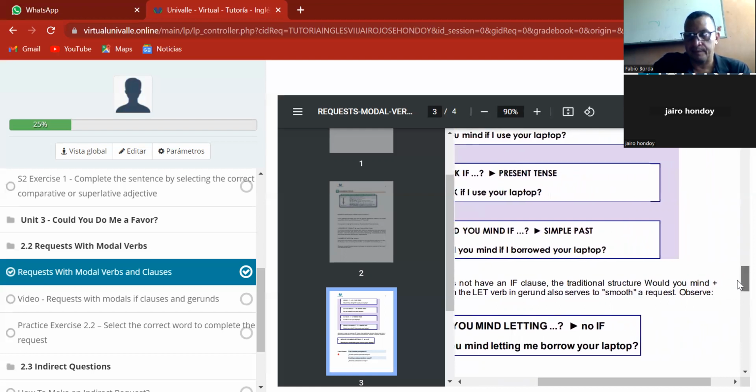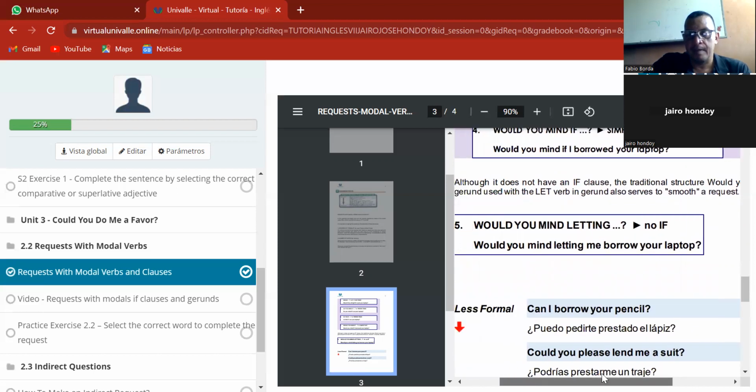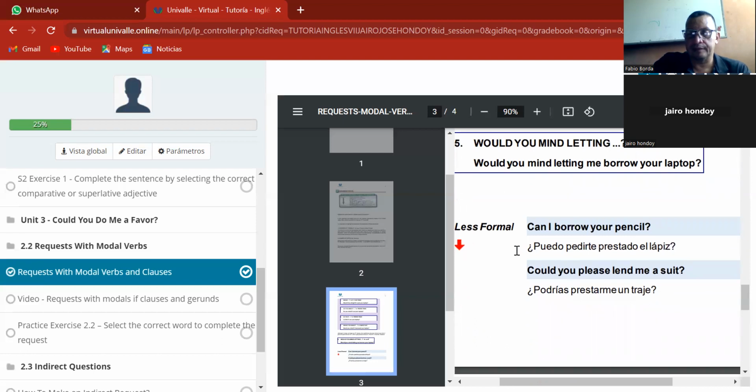Observe this. Would you mind letting me borrow your laptop? Aquí preguntaría, ¿te importaría prestarme tu laptop, verdad?